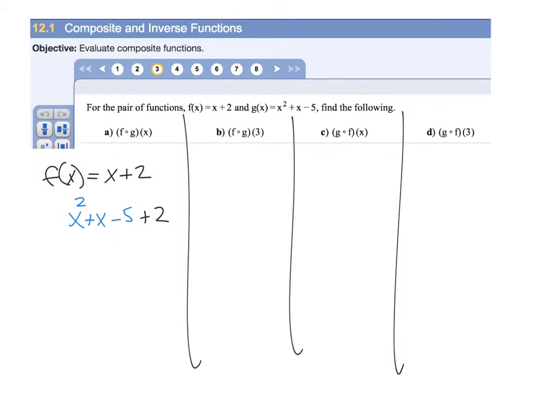So you see that we replace the x with the value of g, the function of g. And so that gives us the formula x squared plus x minus 3. And that's the answer for A.